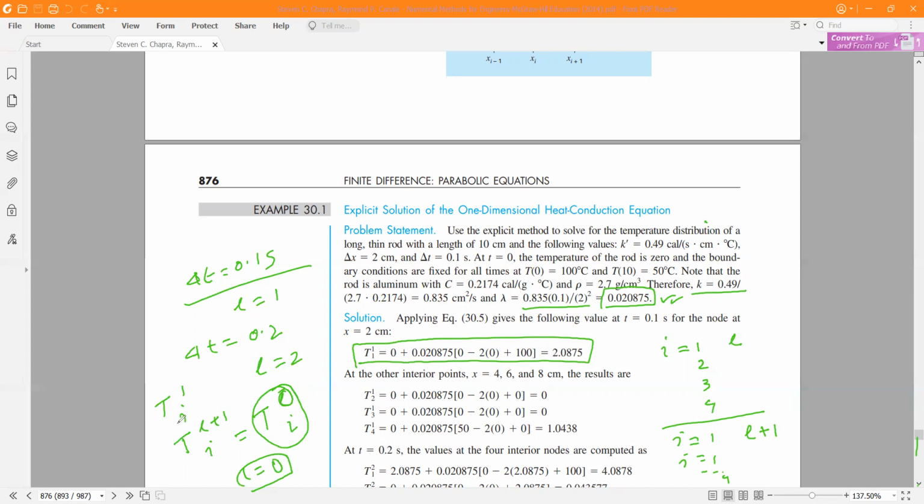So this is at time T equal to 0.01 second, and that will need the value of your temperature at T equal to 0 second, which is nothing but the initial values.